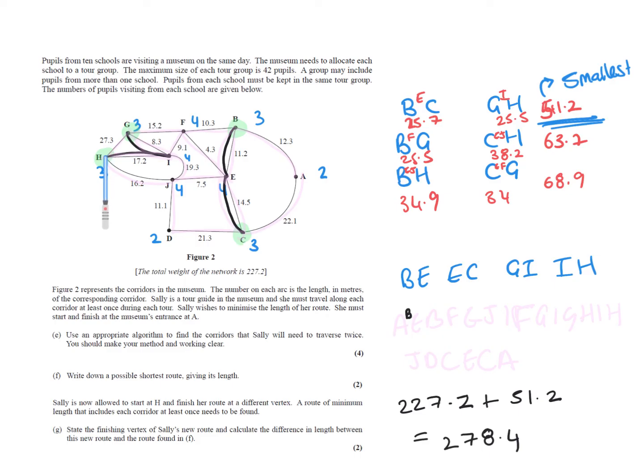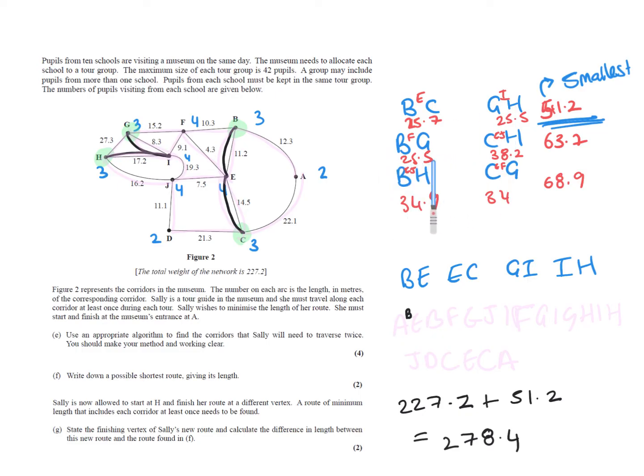Are we all happy that H will have to be odd if we start at H? Now, if H is odd, we want the other one to be odd. So we're looking for a pair without H in, which is the shortest, because if we include H in this pair, H will then become even, because we're going to traverse it twice. So which pair without H is the smallest?